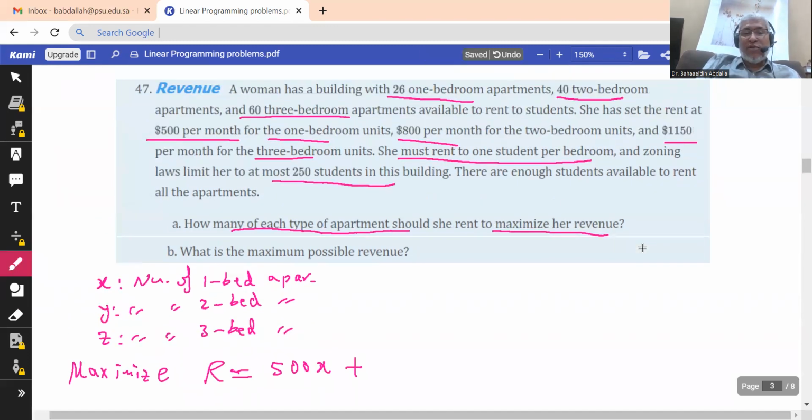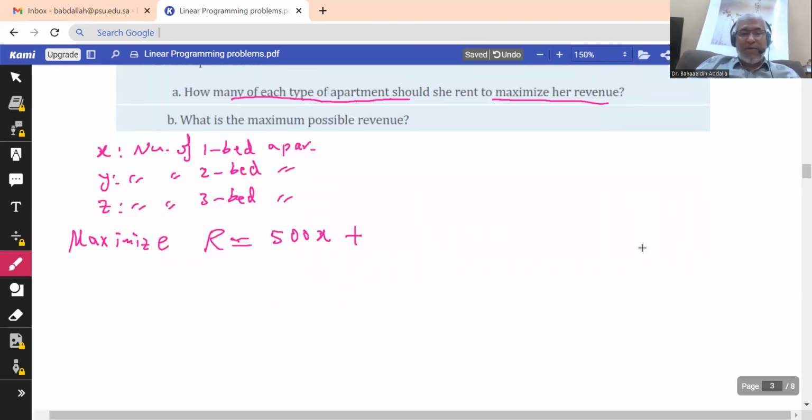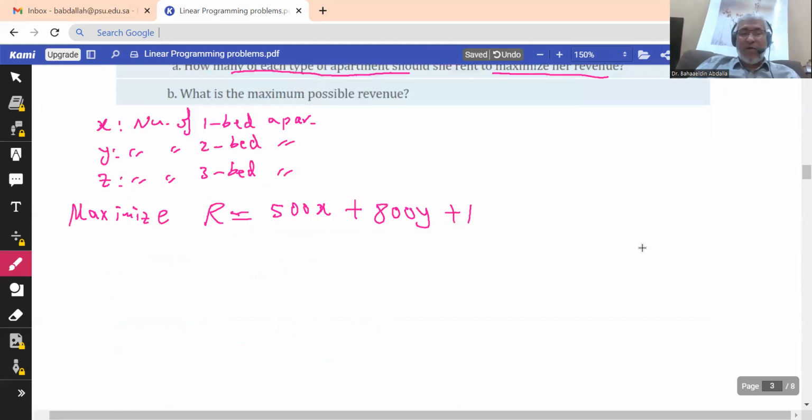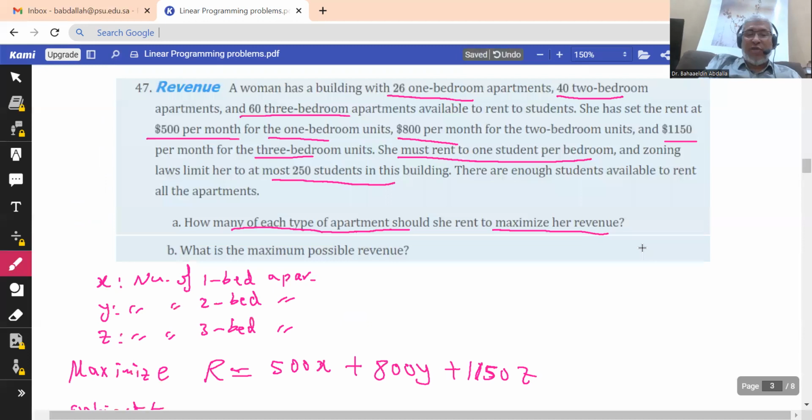And also 800 for two bedroom apartments and 1,150 for three bedroom apartments. So this will give us the revenue. And now we try to find the constraints.